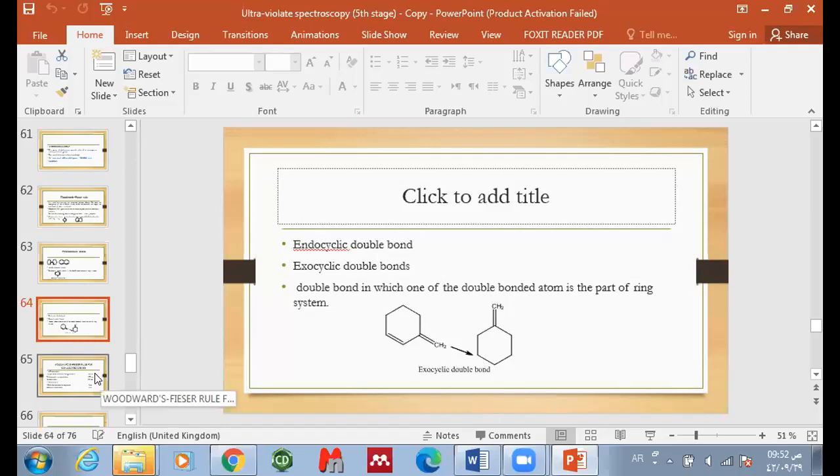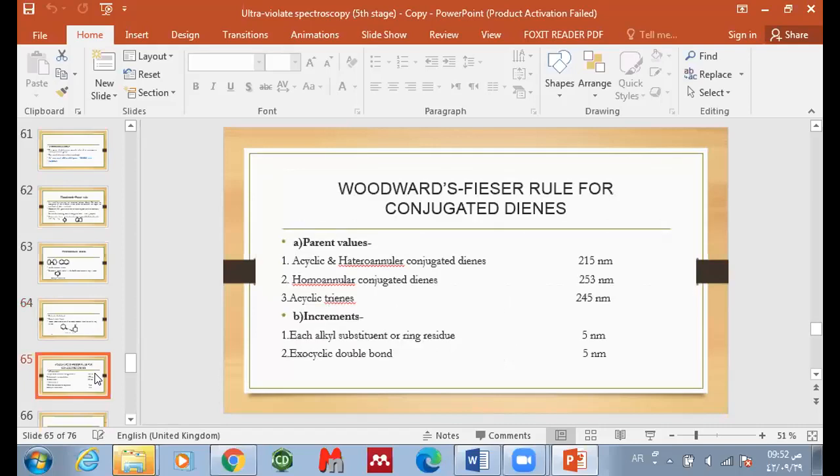And he put some values here. For the parent value, for example, acyclic heteronuclear conjugated diene, he found this value, 215, and for homonuclear conjugated diene, 253 nanometer. For acyclic triene, 245 nanometer.